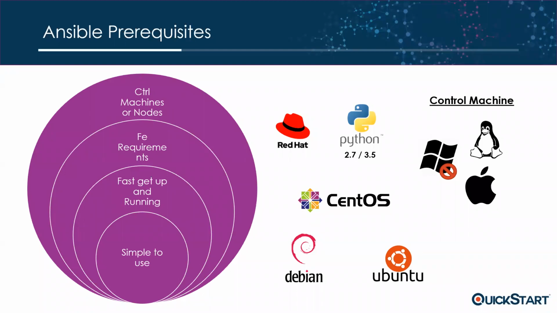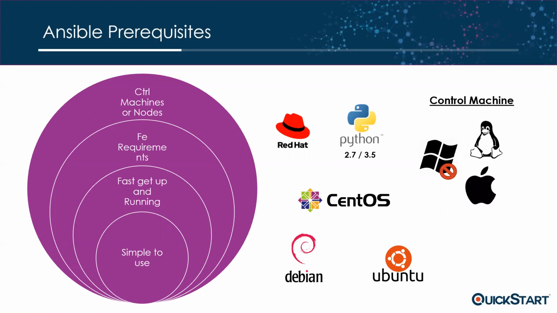So you can get up and running with Ansible very, very quickly with very few requirements for installation on either a control machine or managed nodes or target machines. Let's consider the prerequisites for both at this point. So first, control machine requirements.